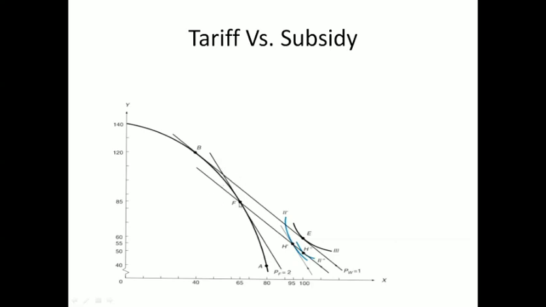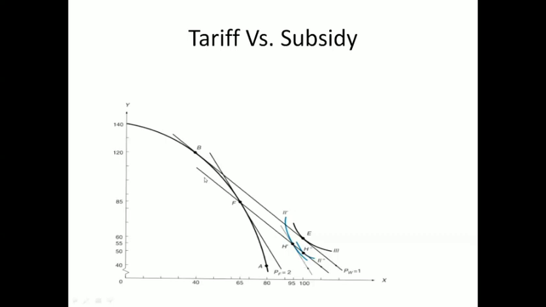Now this point F shows that the country is producing this triangle of exchange, which is H dash, and point F is linking both. So it means the country is still importing commodity X from outside. And this shows that because of the imposition of tariff, the country has come down to a lower indifference curve.